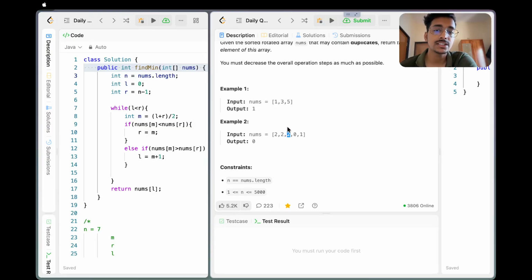Okay, r is over here, and then again mid is at this point. Again it will check mid is less than nums of r or not.